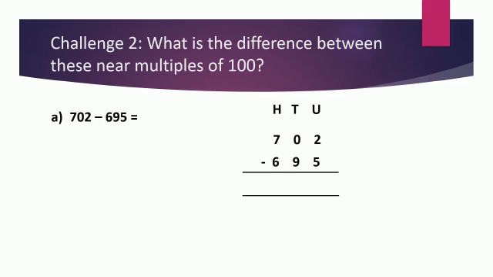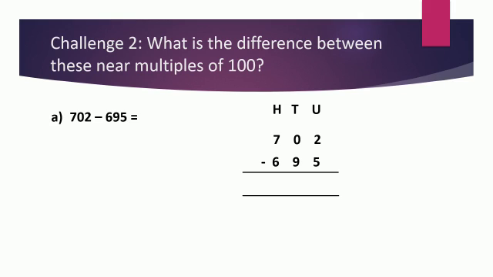Yes, you have to start from the unit and the unit number is 2. Always start from the unit. 2 minus 5. Yes, you are thinking how it is possible, 2 minus 5. We have to subtract 5 from 2. Is it possible?